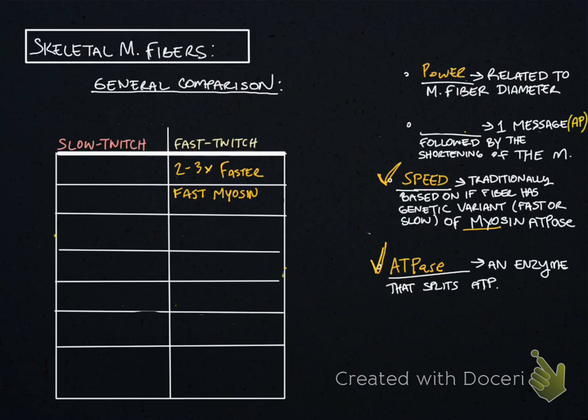Slow twitch, these are generally aerobic, whereas fast twitch is anaerobic. So that might actually give you a clue about fatigue. Which of these do you think would fatigue faster? Well, hopefully you said fast twitch.